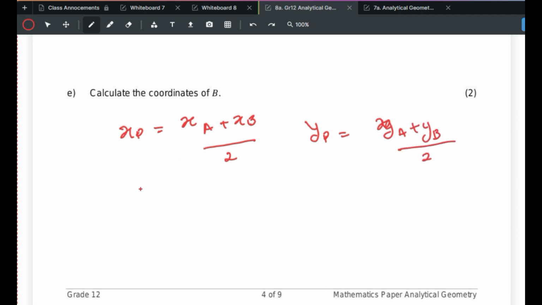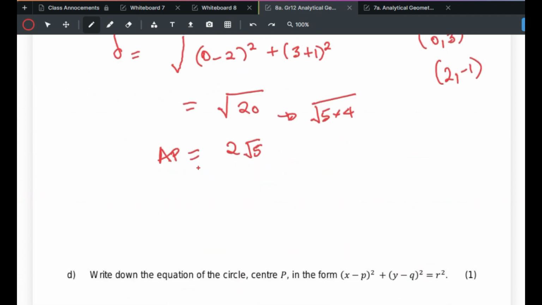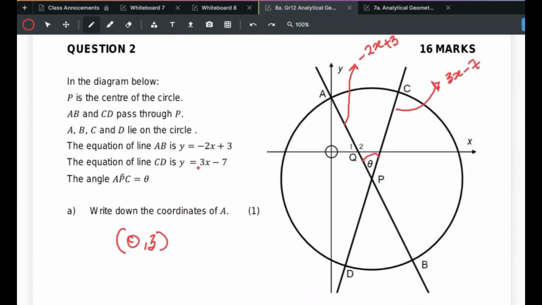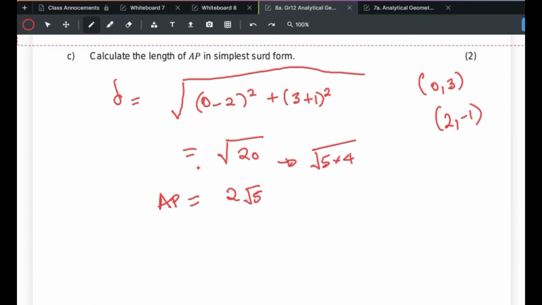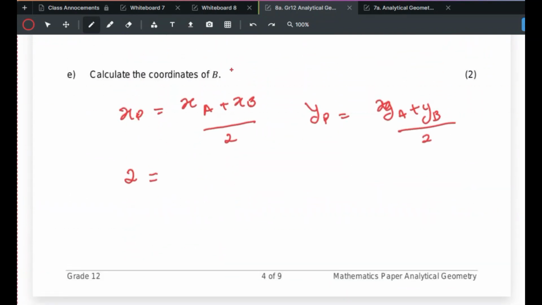So this x is 2, equals xA. What was A, by the way? That was (0, 3), right? Yeah, 0 and 3. So it would be 0 plus xB divided by 2. Cross multiplying, you just get xB equals 4.